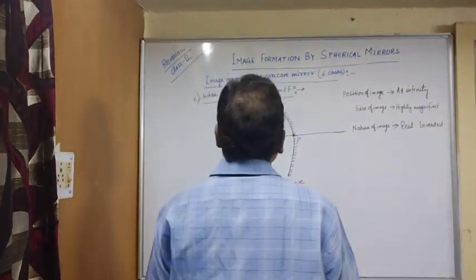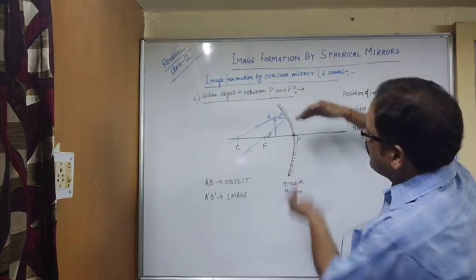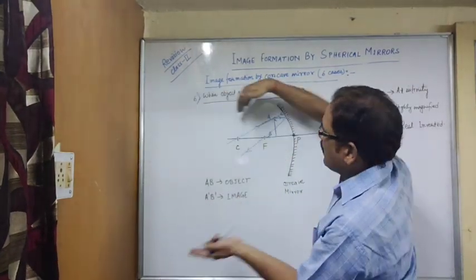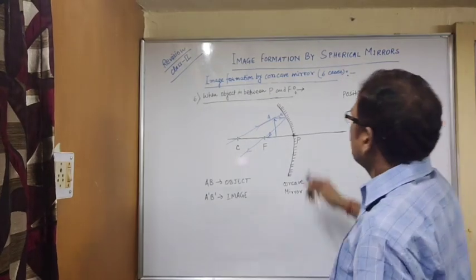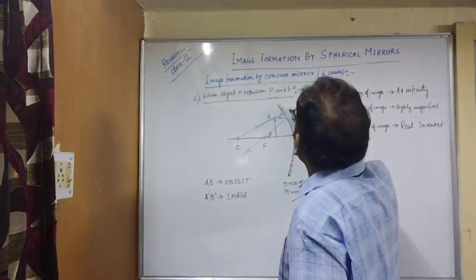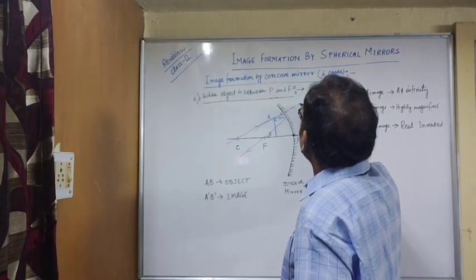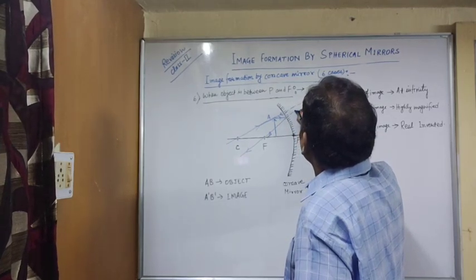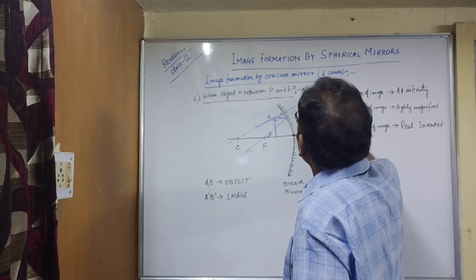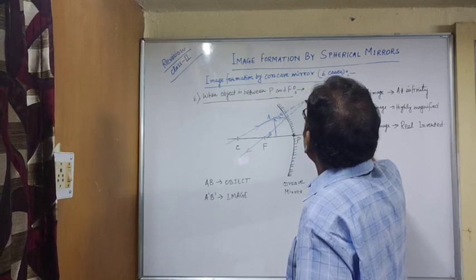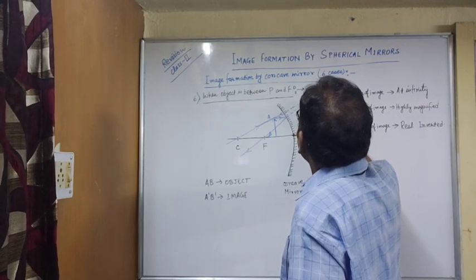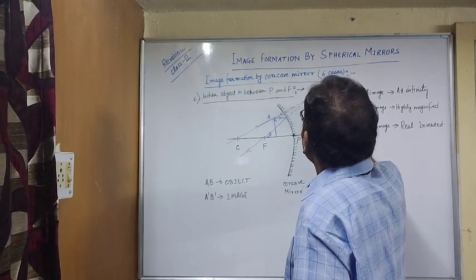So these two rays, after reflection, are diverging away, they are not meeting at a point. So we will produce the rays backward. If we produce the rays backward, they will meet somewhere behind the mirror, isn't it? And a virtual magnified image is formed.